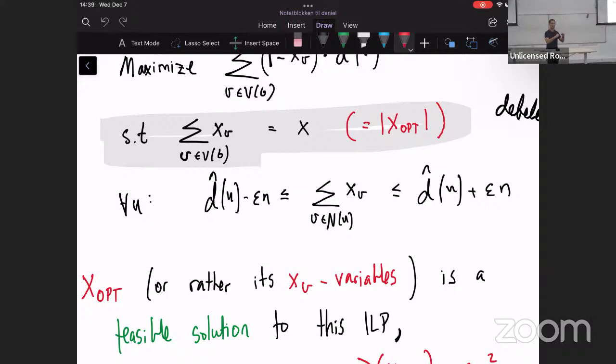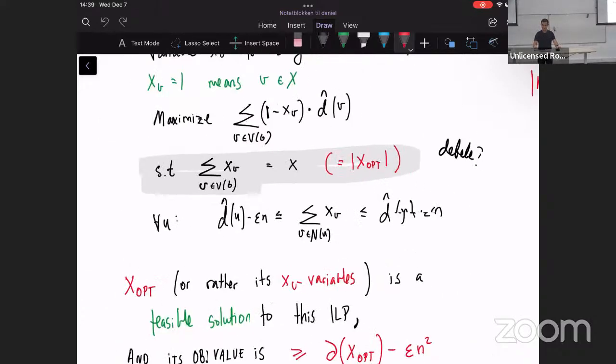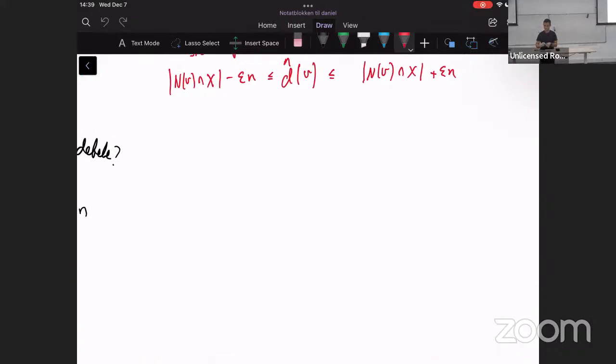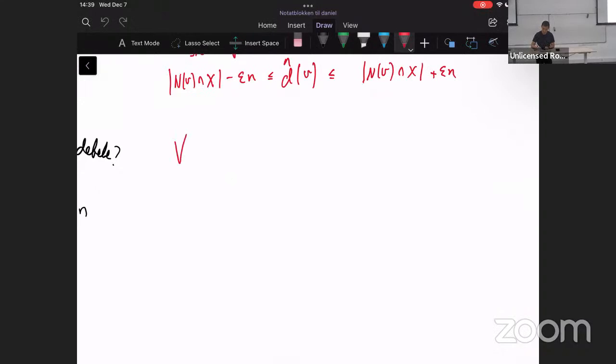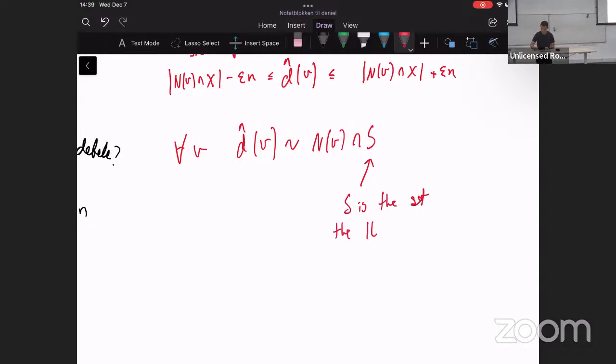Yeah. So what we're saying is that for every v, d hat of v is pretty close to N(v) intersection S, where S is the set the ILP finds.